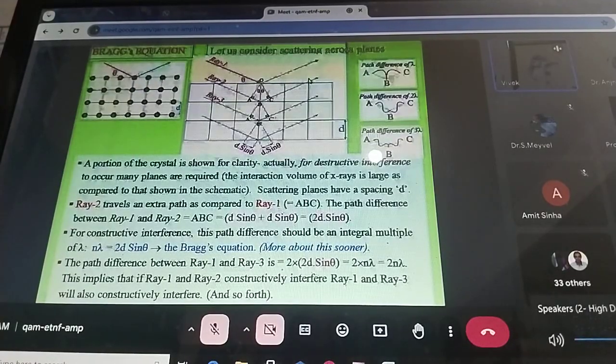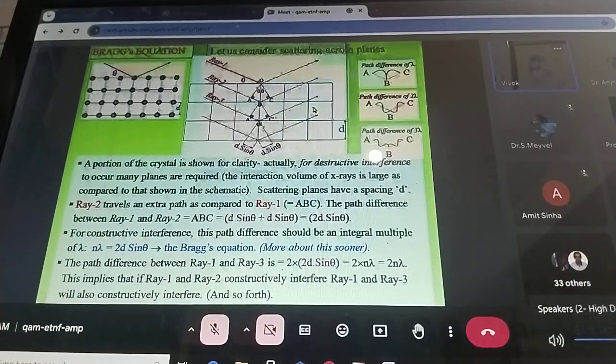So you have to calculate your structure, you have to make a picture of your structure from this scattered radiation. So you should have a clear idea of what is happening here when X-rays are falling on a crystal, how your lattice is behaving.